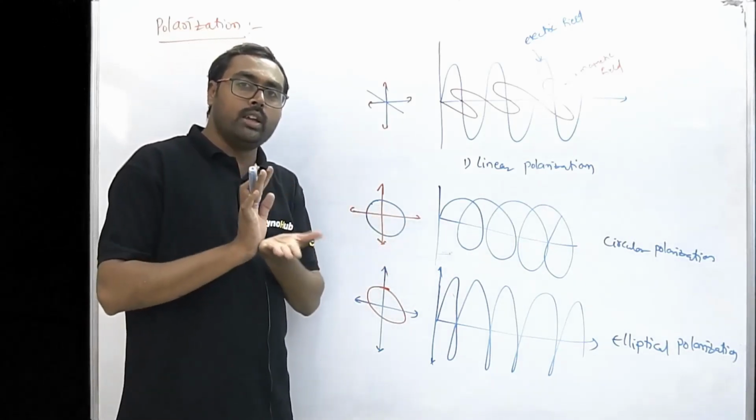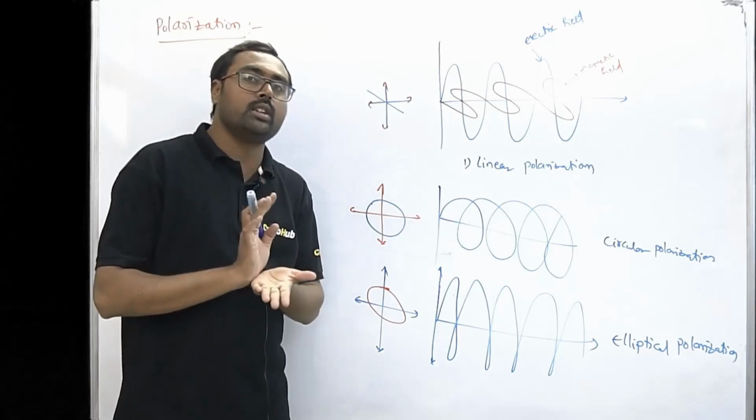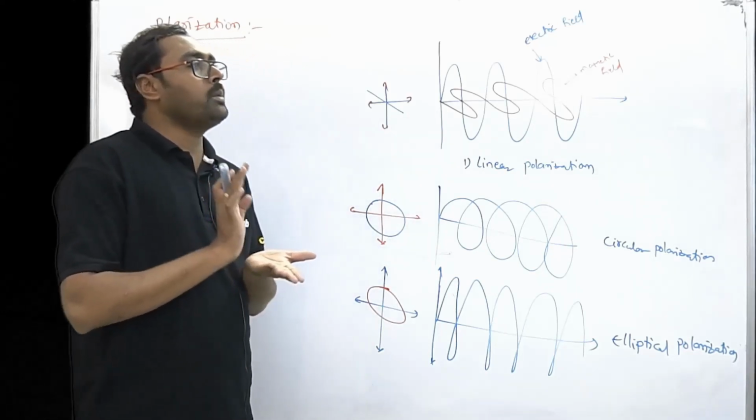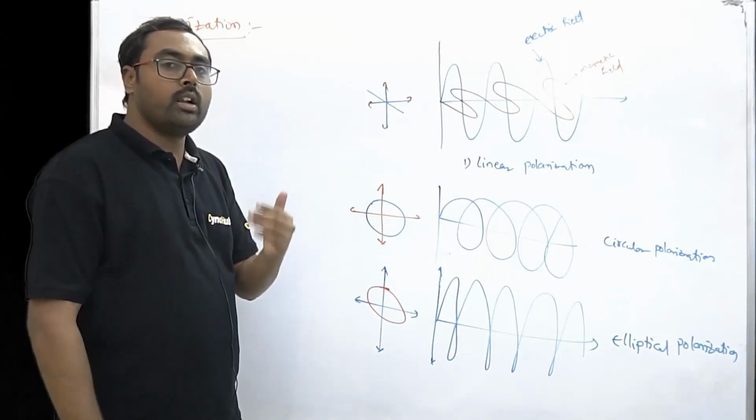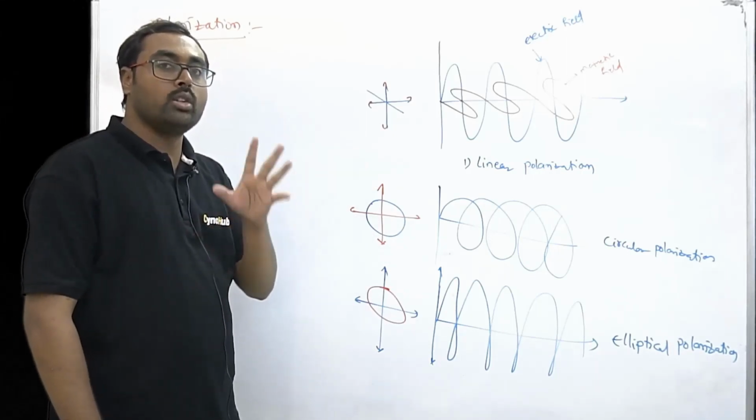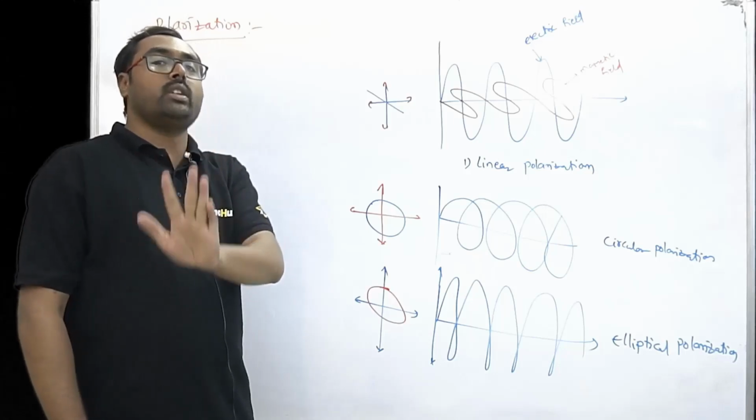the E and H should be perpendicular to each other. The amplitudes of the electric field and magnetic field should also be equal, with a 90 degrees phase shift.